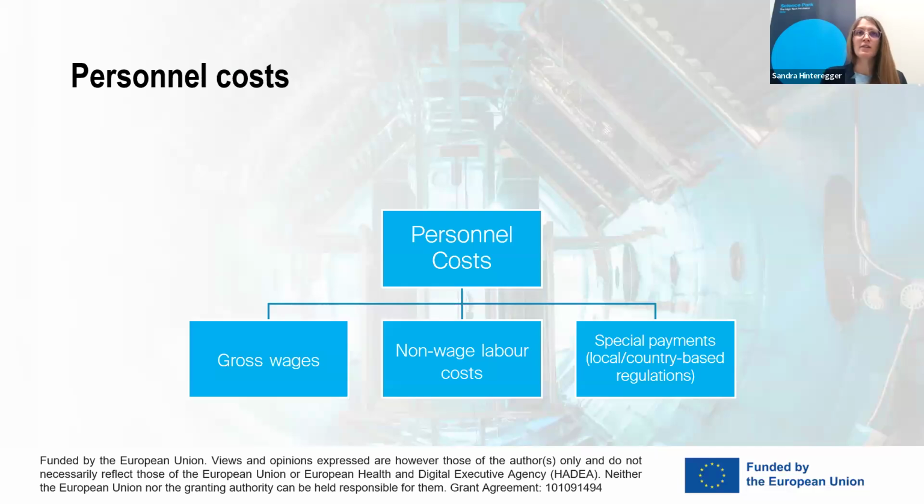Personnel costs consist of the gross wages, and on top of that you normally have to pay non-wage labor costs consisting of social security, employee pension funds, and taxes. Then, depending on the country you operate in, there might also be some special payments which need to be considered.